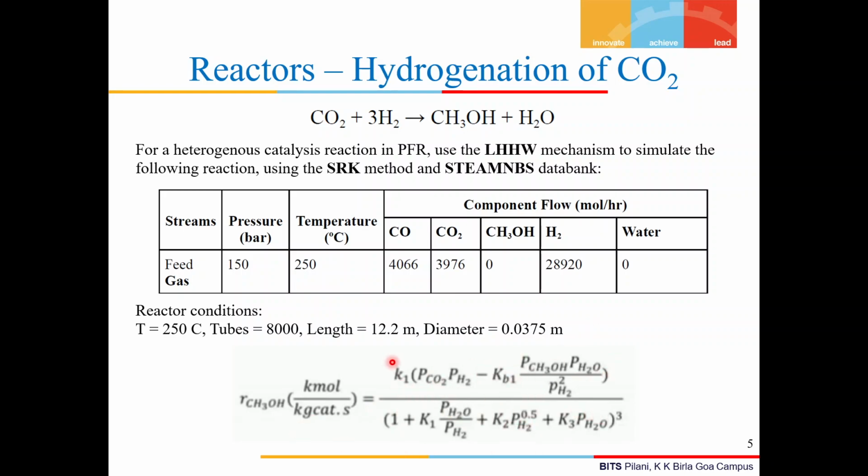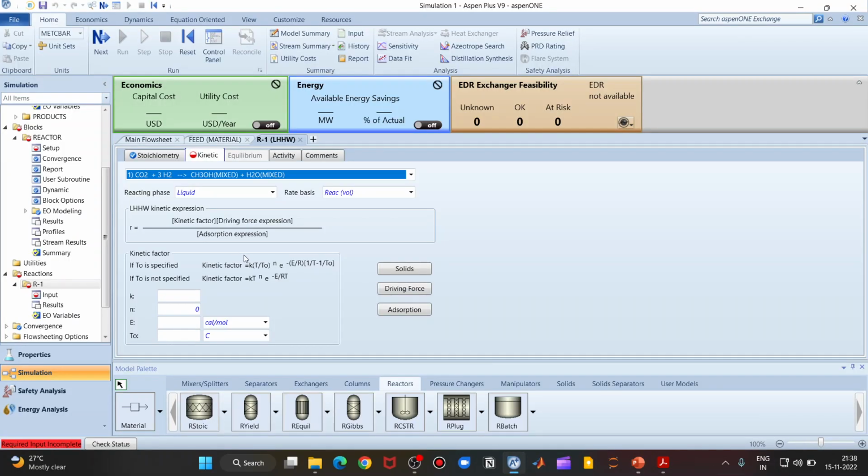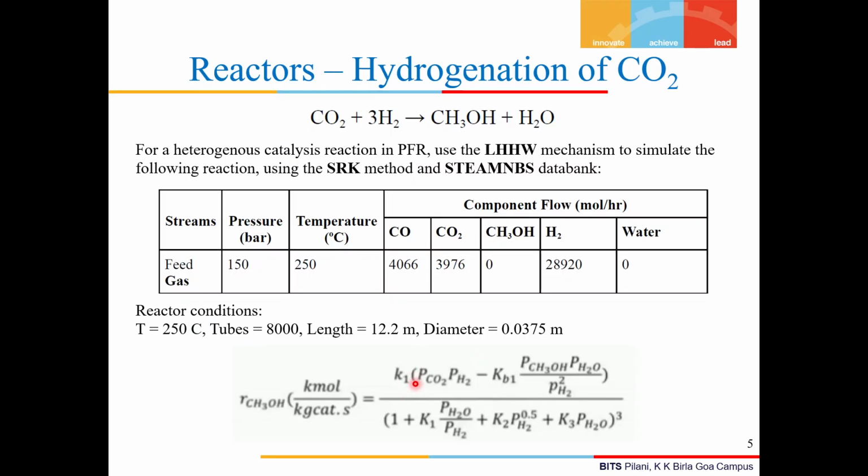If you see here, we have the K1 term multiplied with these bracketed terms, which means K1 is the kinetic factor and all the other terms are the driving force. So what we are going to do is that instead of writing this kinetic factor separately from the driving force, we are going to multiply this kinetic factor into the driving force expression, which means we will be multiplying this K1 into the brackets, so we will be getting 1 into the brackets with K1 multiplied.